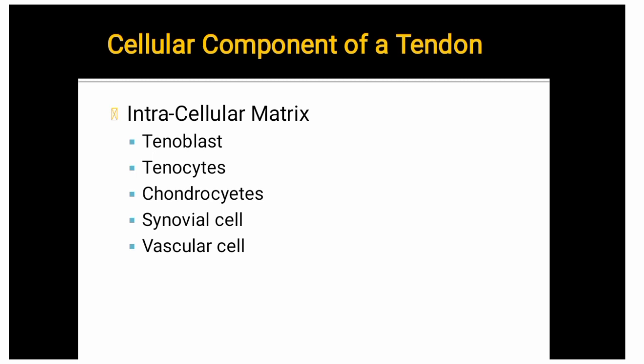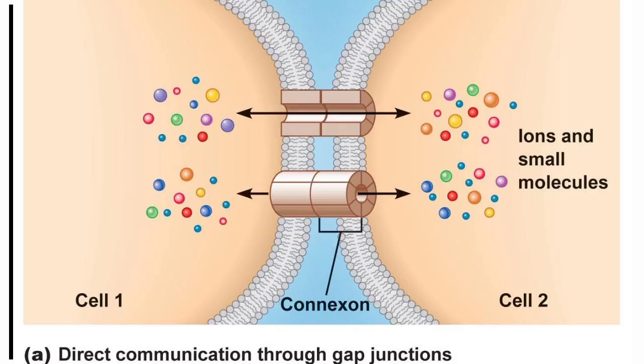The tenocytes respond to mechanical load of the tendon and thus make an adaptation. They are arranged in longitudinal rows and have extensive communication with adjacent cells, usually through gap junctions. As we know, gap junctions are very complex structures.